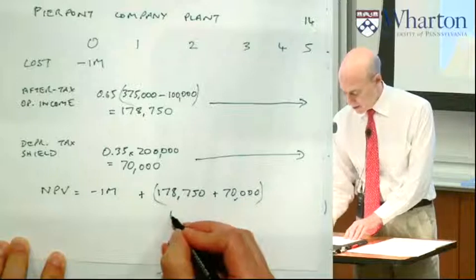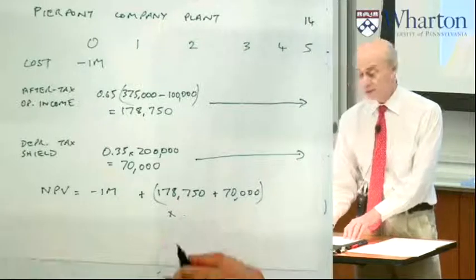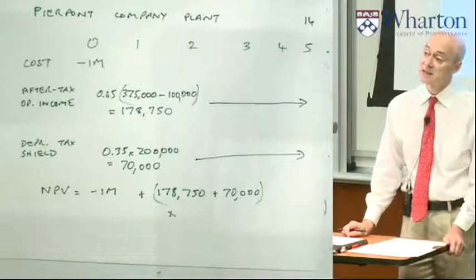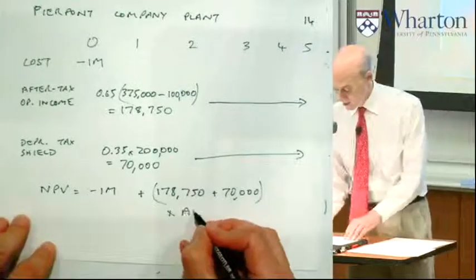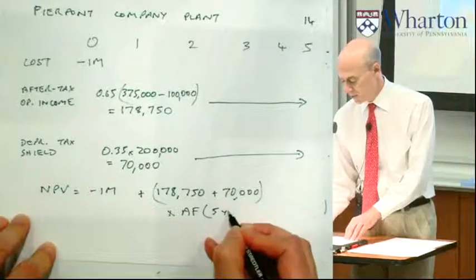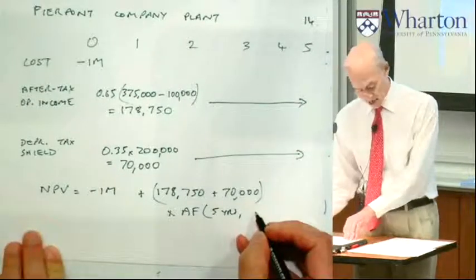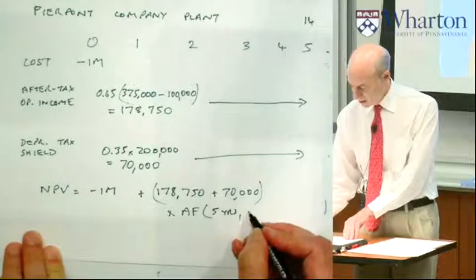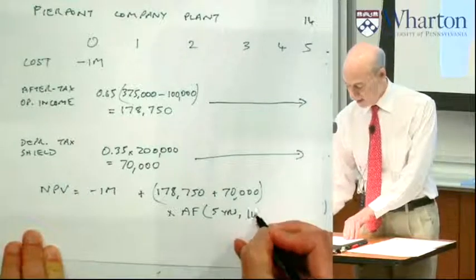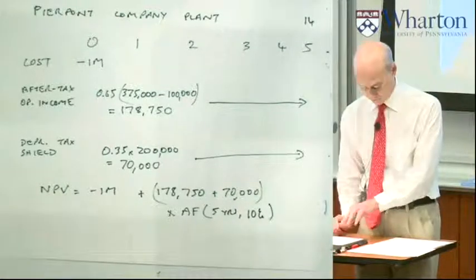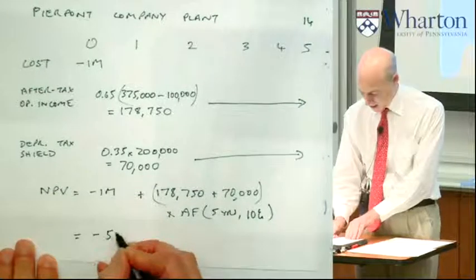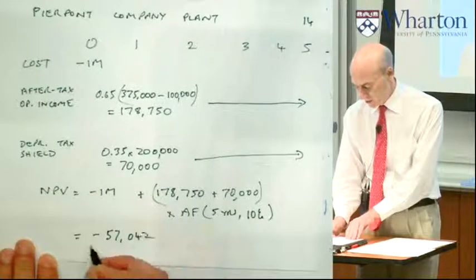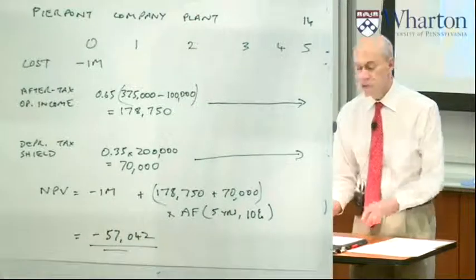We get those each year for 5 years. So what is it? An annuity. So we're going to multiply by an annuity factor for 5 years at 10% discount rate. If we calculate that, it's minus 57.42.